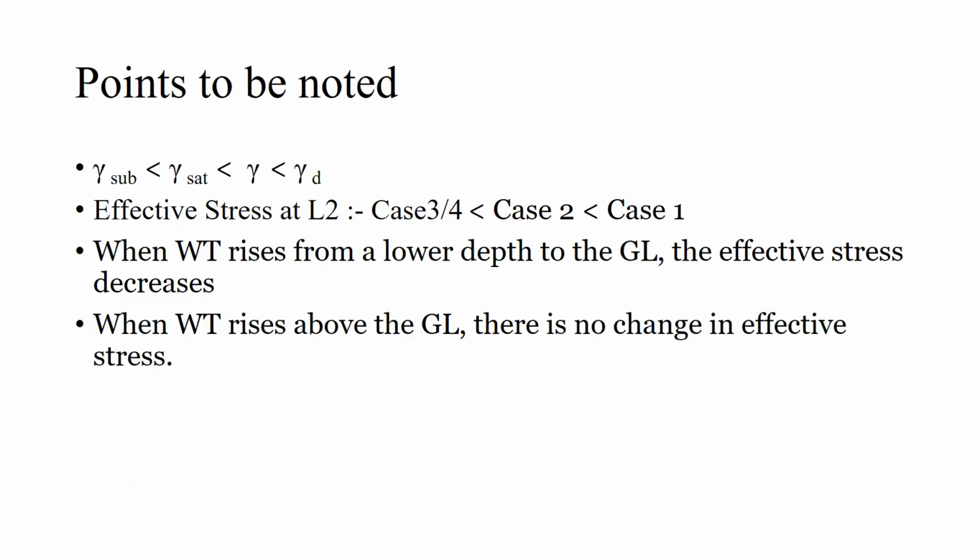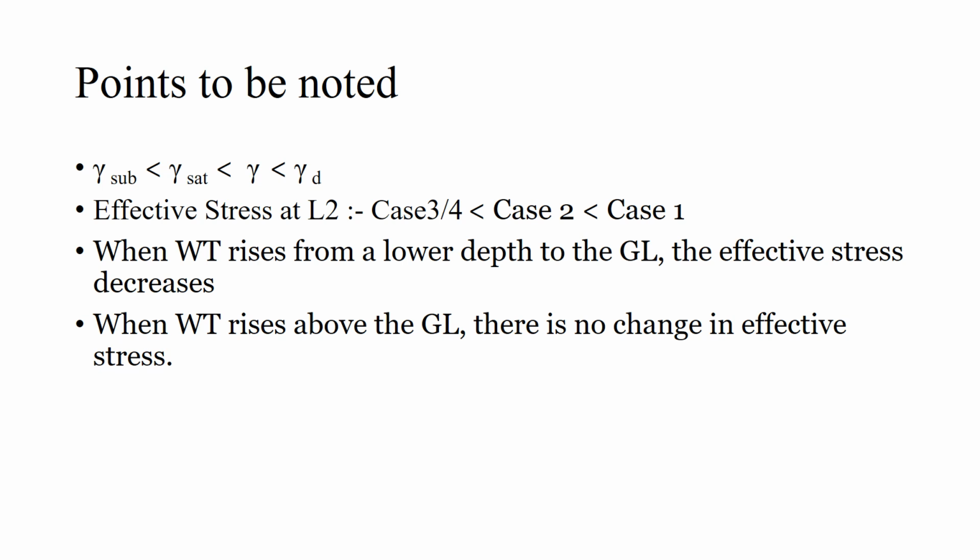It will be good to remember the following points. The dry density of soil is much greater than the natural density of soil, that is, the soil having some moisture content, which will be much greater than the saturated density of soil, which will again be greater than the submerged density of soil.